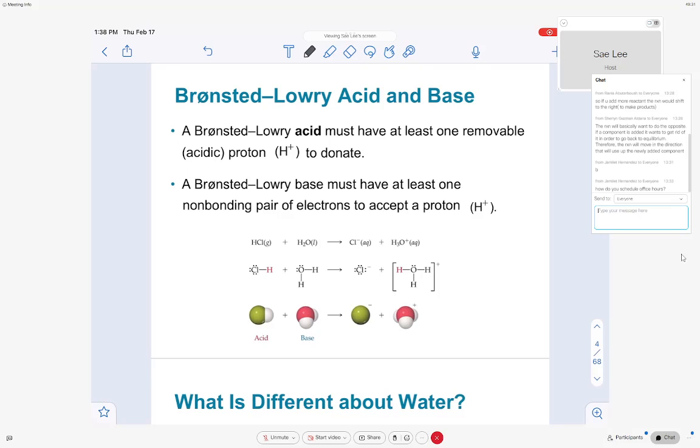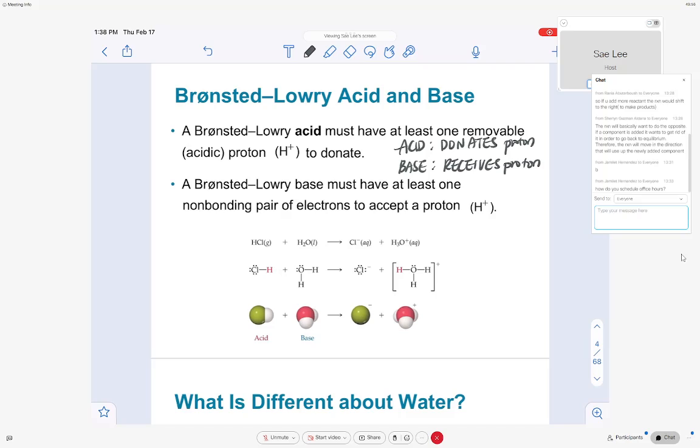So let's take a closer look at the Bronsted-Lowry definition of acid and base. According to Bronsted and Lowry, an acid is any substance that donates a proton. A base is any substance that receives a proton.